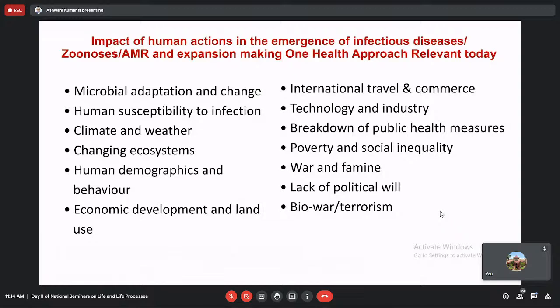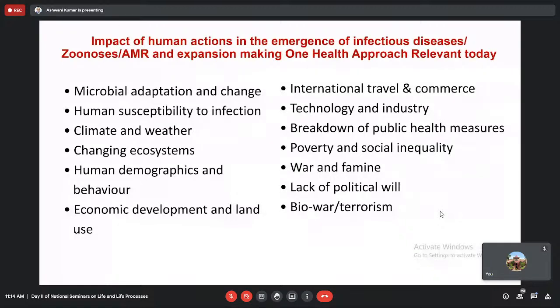The climate change and the weather pattern changes also bring these zoonotic pathogens in close contact with the humans through the animal-human interface. And the changing ecosystem, the encroaching of the forest ecosystem by the humans, also leads to the same effect. And human demographics, the migration of human populations and their behavior, also leads to these interactions.